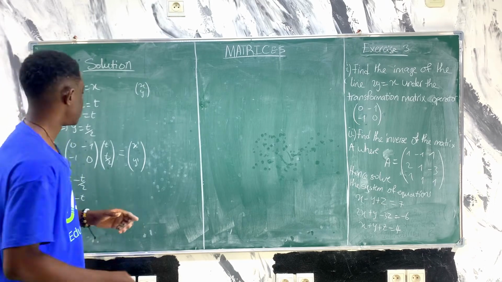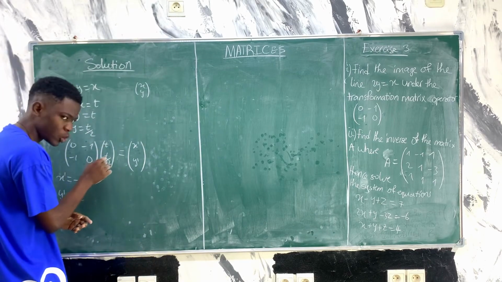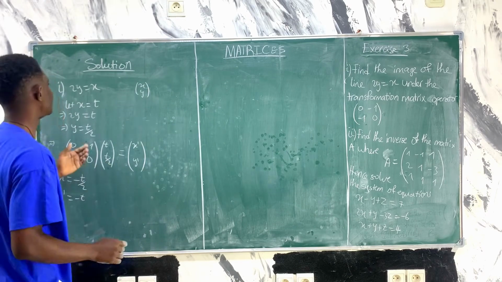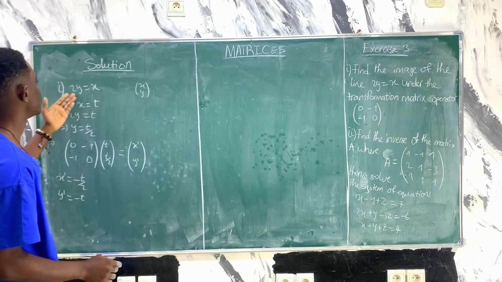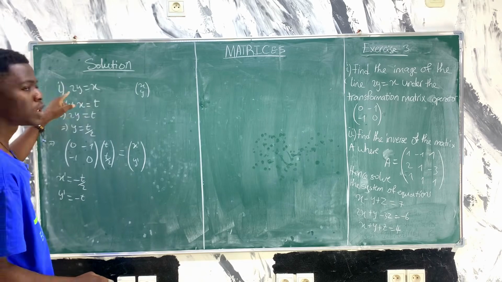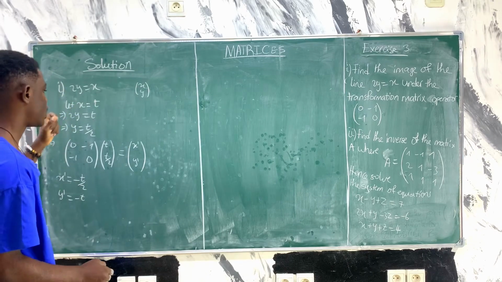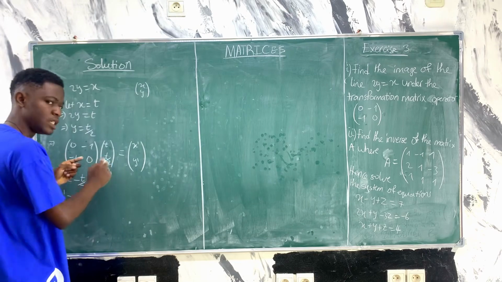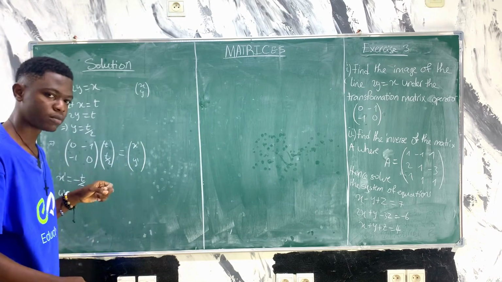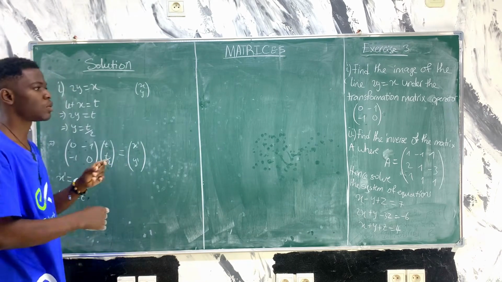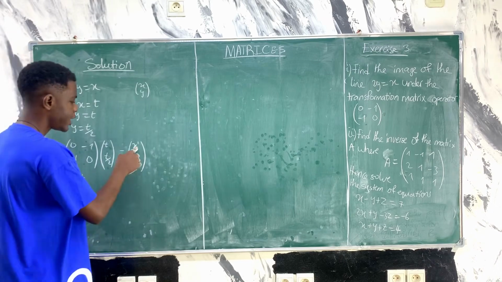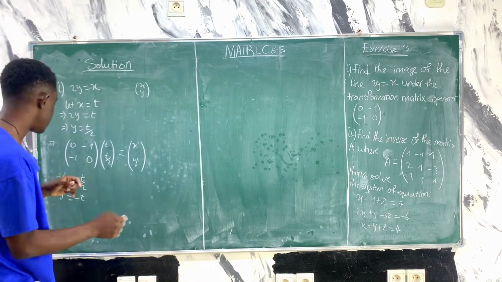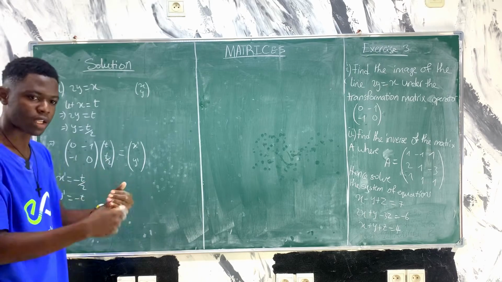If you have 6 here, you must have 6 on 2 here, because that's the relation that was given to us. X is 2 times y. So if you have 6 here, you must have 3 here. So that's why you have t, and you don't just use x and y. So t is just something which you can replace. But x prime and y prime is not in terms of t again. It should be how the answer looks like.